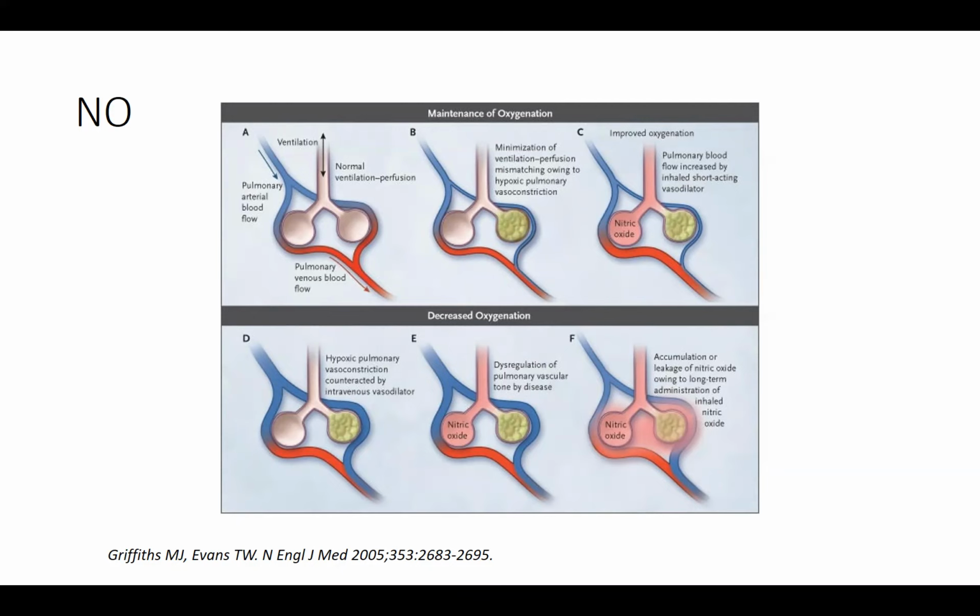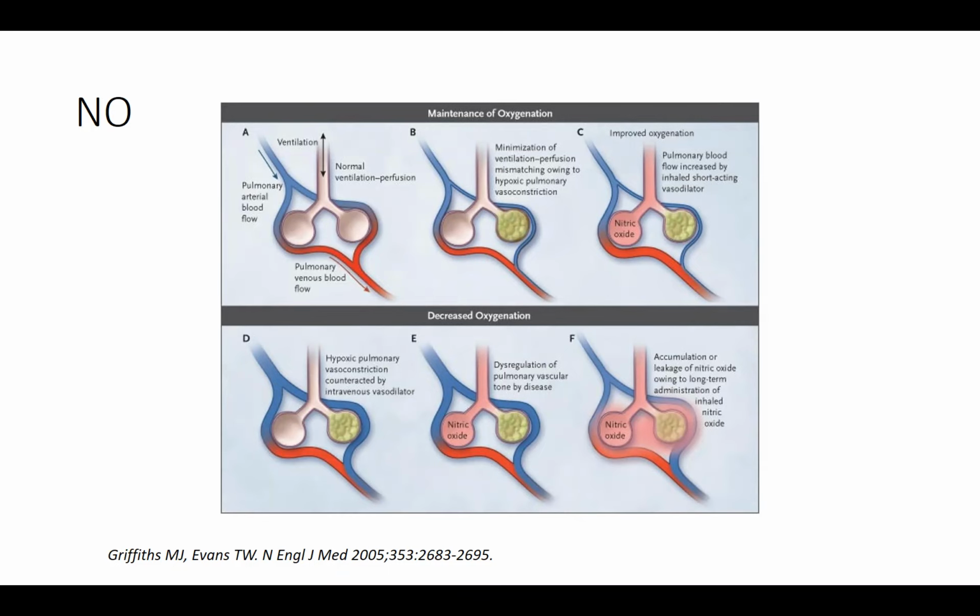And therefore, it improves perfusion to areas that are well ventilated, thereby improving VQ matching. It improves oxygenation. It does not improve other clinical outcomes, but using it as a salvage therapy, as a bridge to buy you some time to get something else to work, in selected cases is probably reasonable.